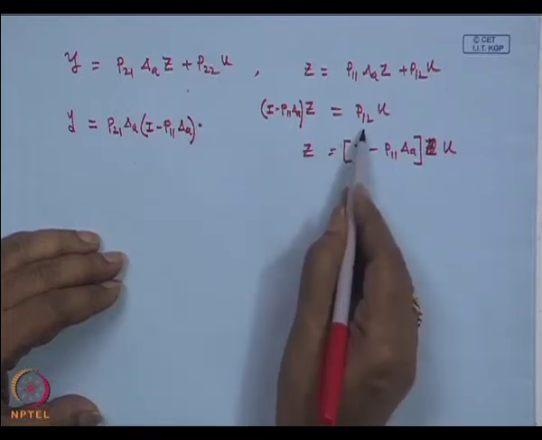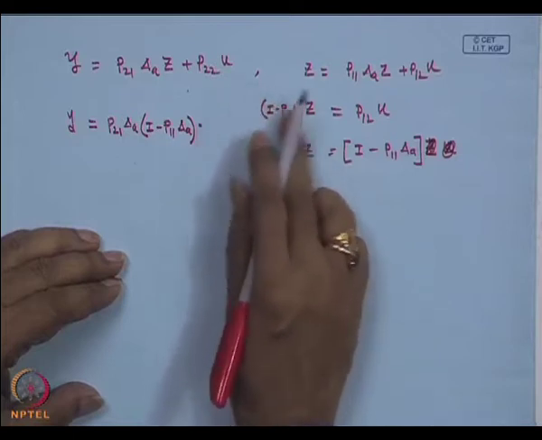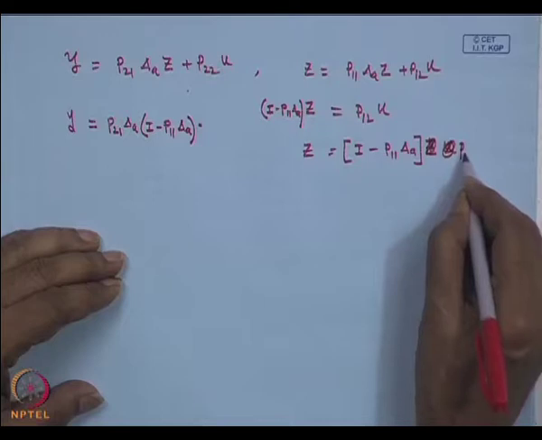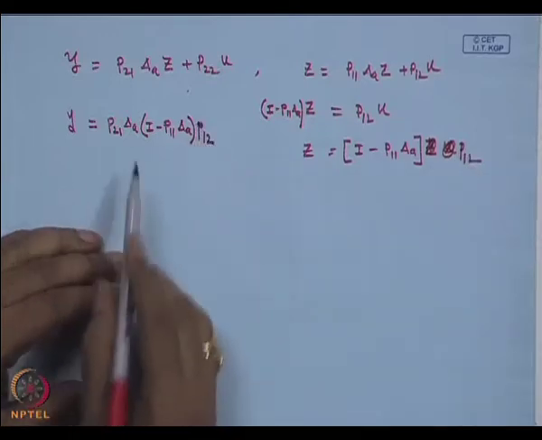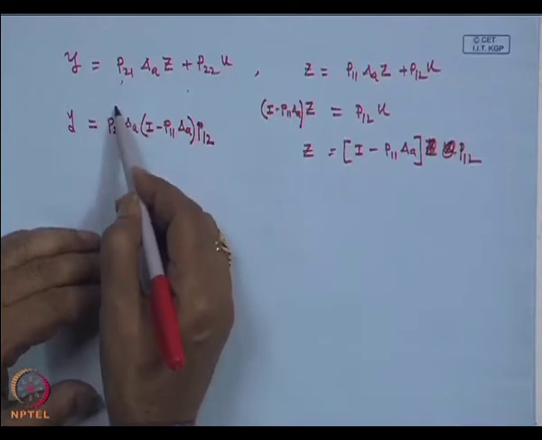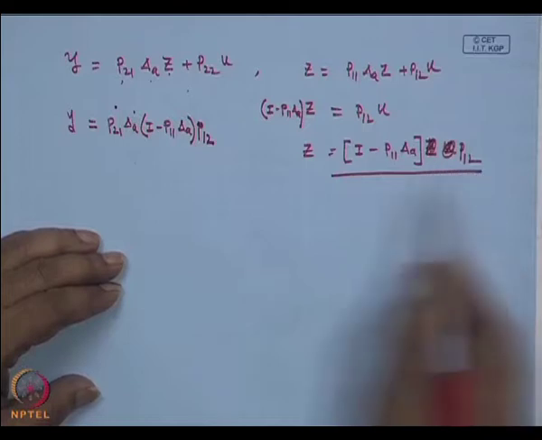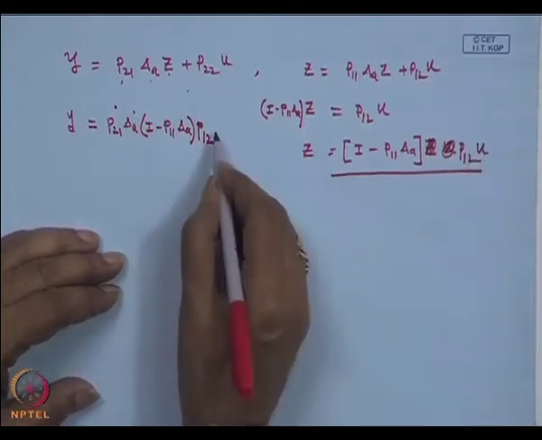Just a minute. This is your, because you see I am taking the inverse on both sides, so there will be a P12. So, P12 times this delta A, as Z I have expressed by that, and U is already there.